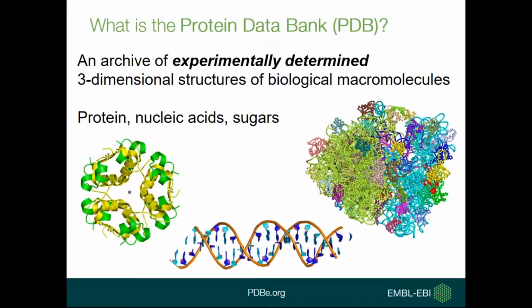There's no theoretical data that we have. And while we're called the Protein Data Bank, and most of the data is indeed three-dimensional structures of proteins, there are also nucleic acids, complexes of proteins and nucleic acids, and there's a few sugars, and of course small molecules that bind to proteins, drugs, inhibitors, cofactors, etc. in there as well.